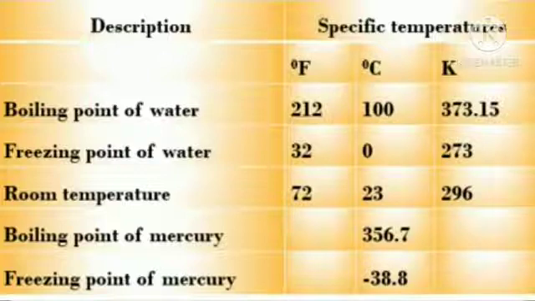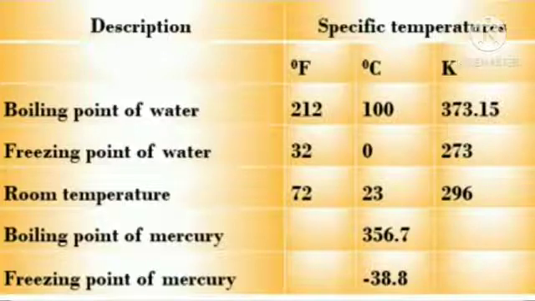Second, freezing point of water. It is 32 Fahrenheit, 0 degree Celsius, 273 K. K means Kelvin. Room temperature. It is 72 Fahrenheit, 23 degree Celsius and 296 Kelvin.